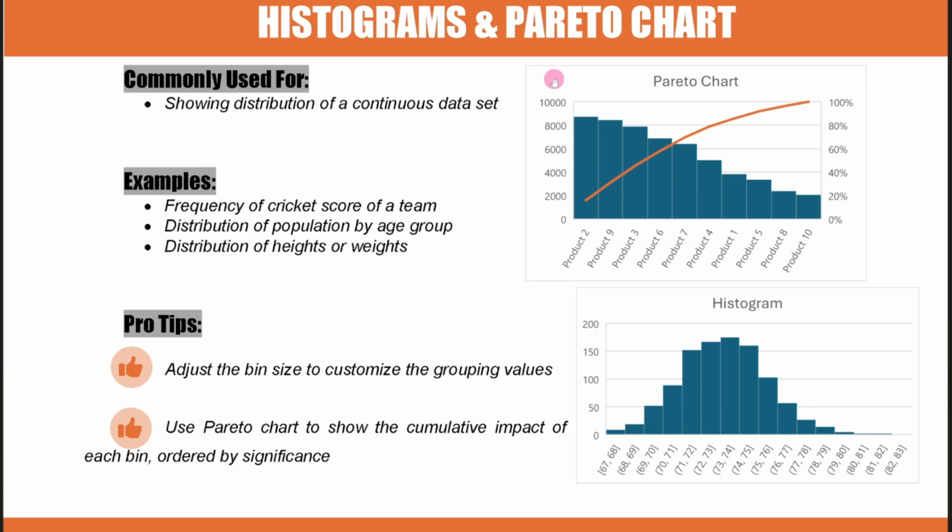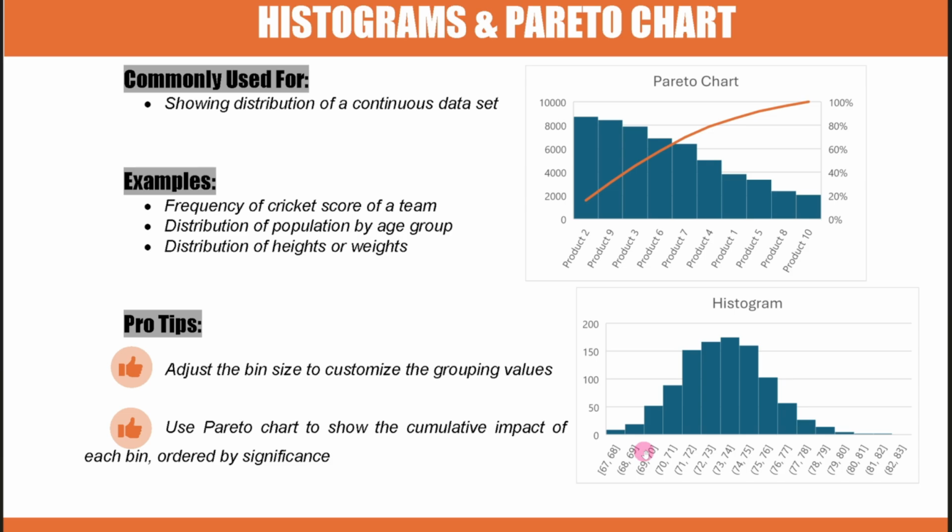The major difference between the column chart and the histogram or Pareto chart is that at the bottom of the chart there are two values, which is called a bin value, and it makes one column in the histogram or Pareto chart. But when it comes to a column chart, you will have only one value making one column.